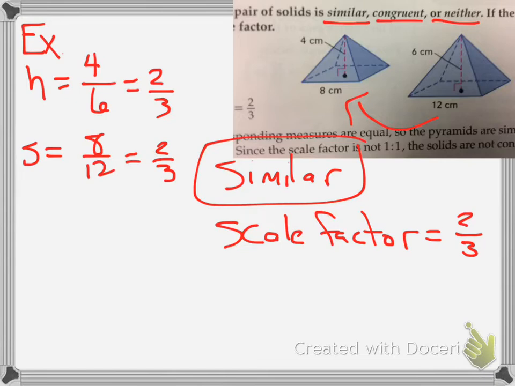If I had decided to go new over old, then I probably would have flipped that over. But I'm not too big on those when you're trying to determine whether it's similar or congruent: which one you put on top, which one you put on the bottom, what scale. I could take variable scaling factors. It might be a little different when we get to determining something else.